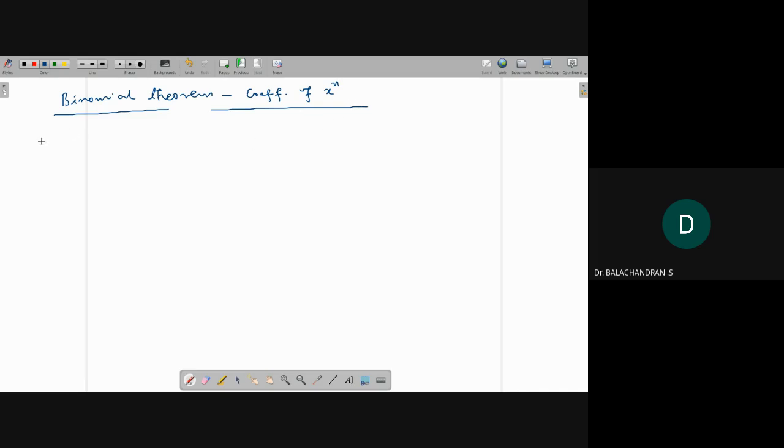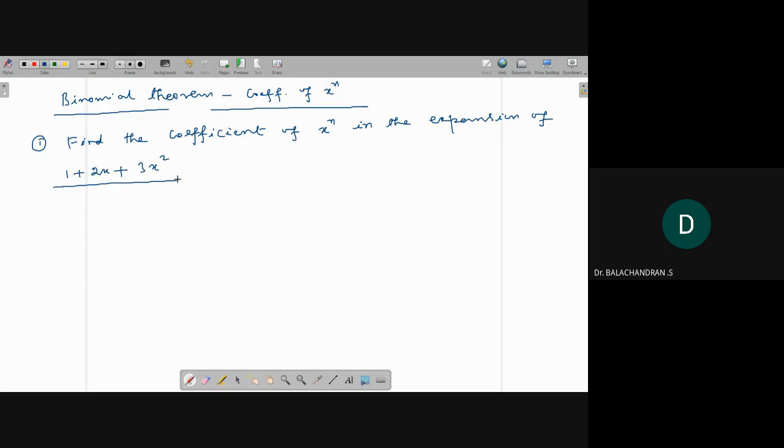Find the coefficient of x power n in the expansion of 1 plus 2x plus 3x square divided by 1 plus x whole cube, in ascending powers of x.